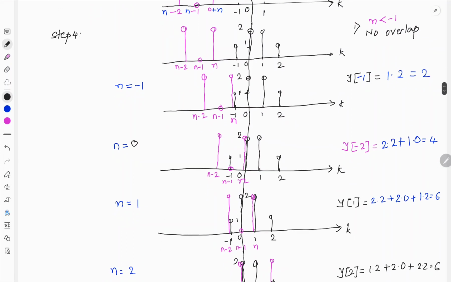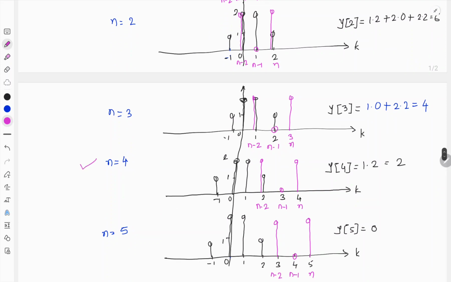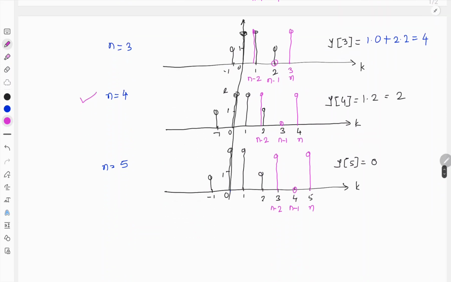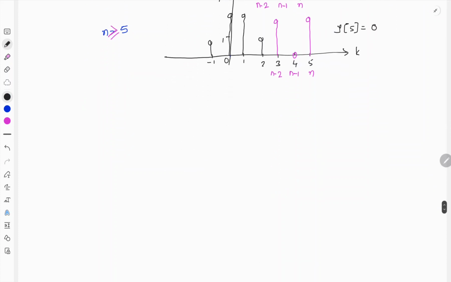The value of convolution sum exists from n equal to minus 1 to n equal to 4. And again for n greater than or equal to 5, we do not have any overlap. So this completes our equation, and lastly we have to specify y of n.